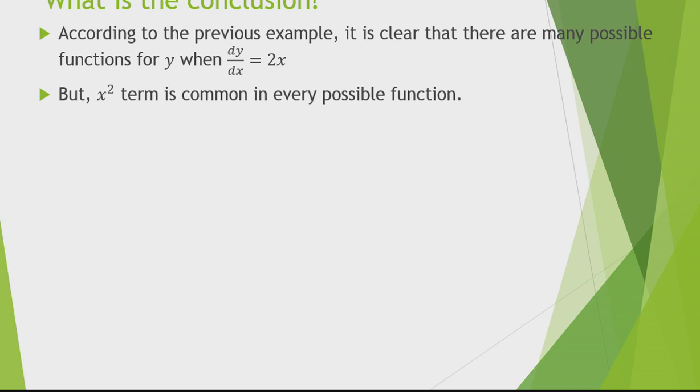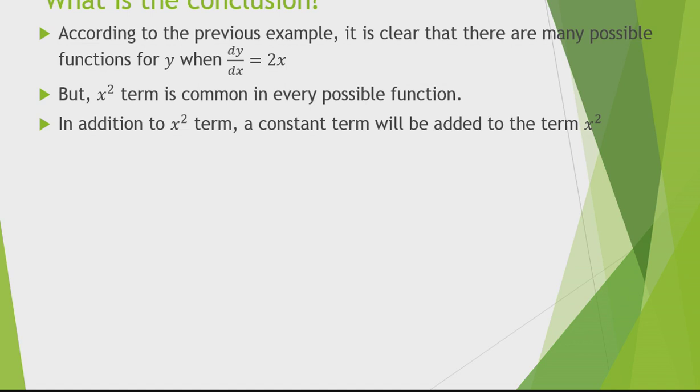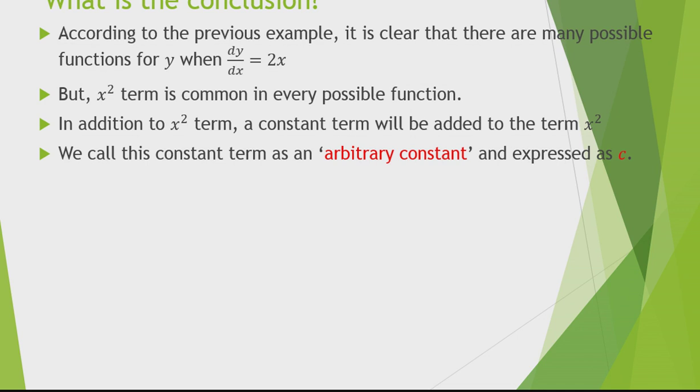Other than that, all the other terms in the possible functions were constant values: 1, minus 2, 3 upon 4. In integration, we add that constant value as an arbitrary constant. Why? Depending on the situation, that constant value can be different. Therefore, we define it as an arbitrary constant and denote it as c.